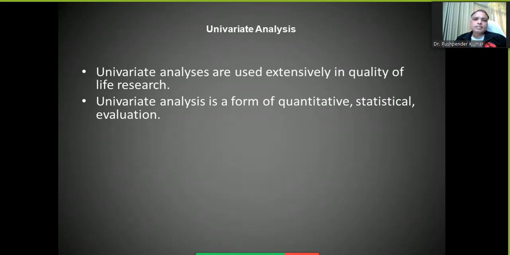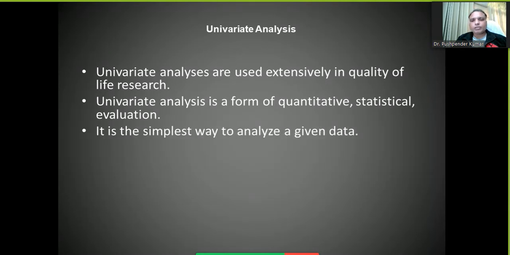Univariate analysis is a form of quantitative statistical evaluation. So you have some information which is quantitative, right? And it would be in some statistical form. That means we can use statistical tools and techniques for evaluation. It is the simplest way to analyze a given data. Suppose we want to study the marks of business research.